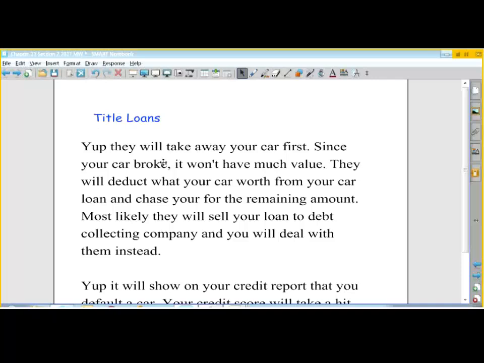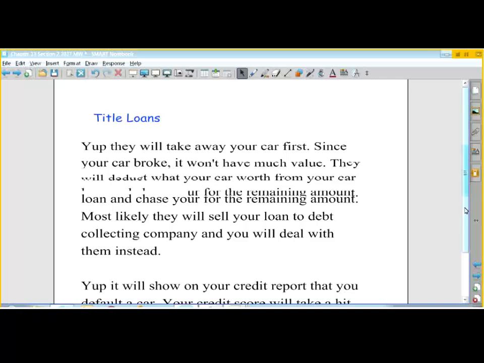So here's this guy's comment. Yep, they take away your car first. Since your car is broke, it won't have much value. They will deduct what your car is worth from your car loan and chase you for the remaining amount. So I guess you can borrow as much as the equity you have in the car. Most likely, they'll sell your loan to a debt collecting company, and you'll deal with them instead.